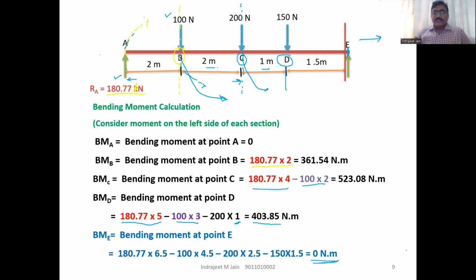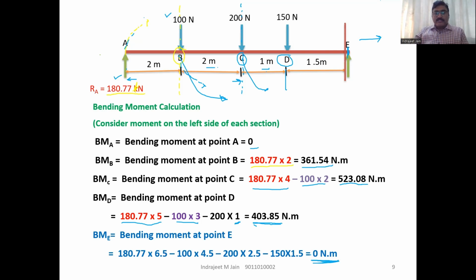Now from these values, see, bending moment at A is 0, bending moment at B is 361.54, bending moment at C is 523.08, bending moment at D is 403.85, and bending moment at E is equal to 0.